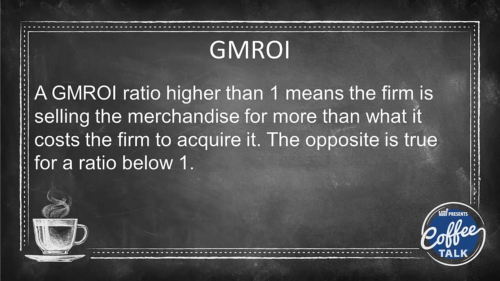Just one thing about GMROI, because there's a lot of controversy on this calculation. It's not a be-all, end-all. There are many reasons why you might carry a vendor's line. Maybe you have to carry a line to get accessibility to another vendor line, or maybe you're carrying a product category because it's spare parts for another product category.